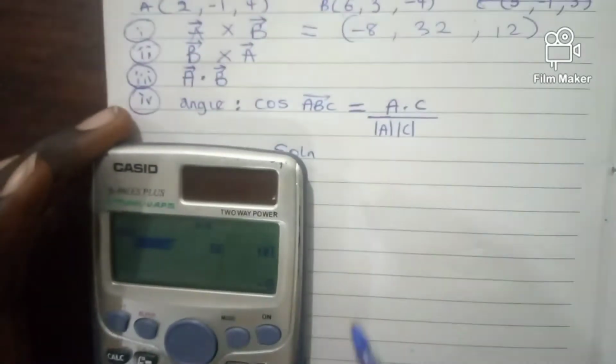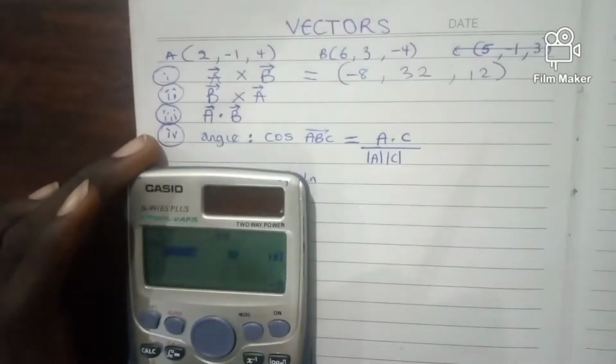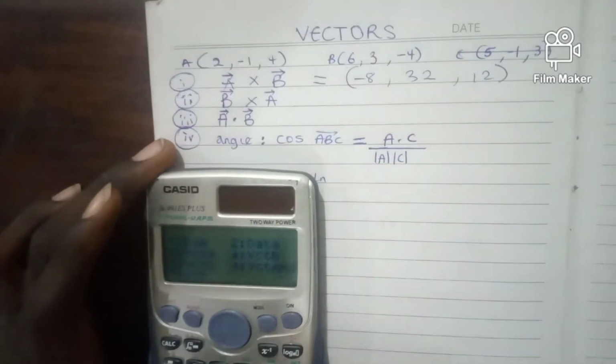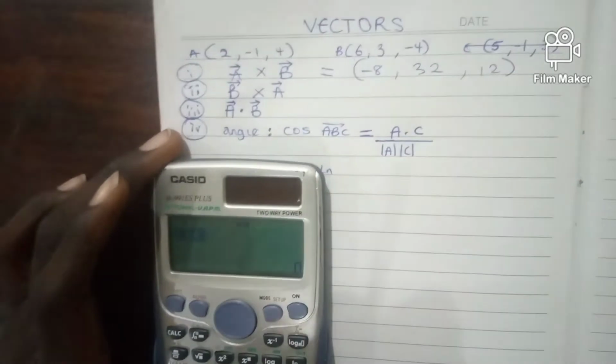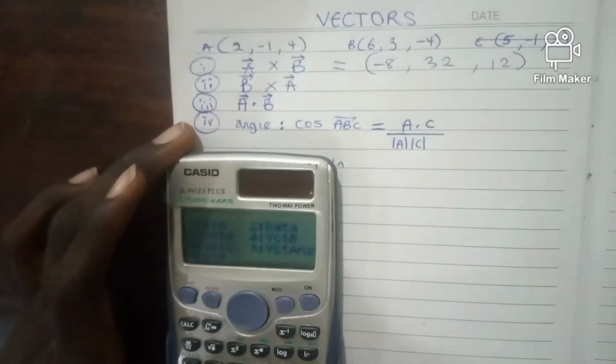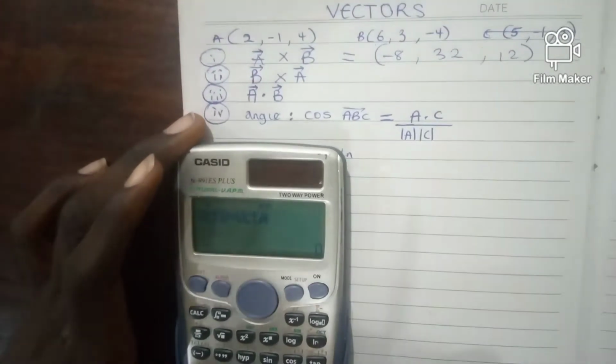Now for the cross product of vector B and vector A, we'll say shift vector B, which is 4, times shift vector A, which is 3.